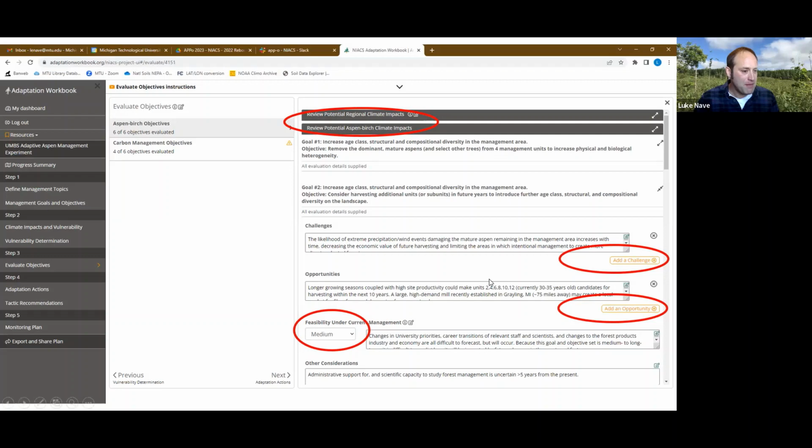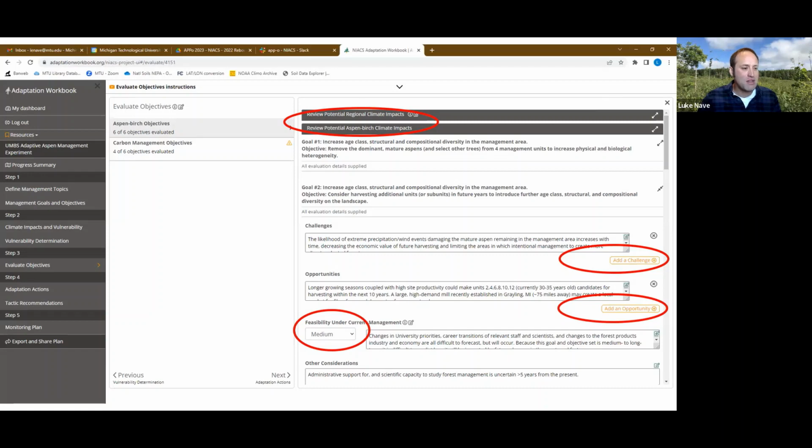At the same time, we recognized an opportunity related to climate change under this objective. If we're talking about harvesting additional units in future years, well, there were about half a dozen management units in this area that were cut about 35 years ago. It's a very productive site. And with the longer growing seasons and the increased precipitation, we might be looking at potentially shorter rotations.